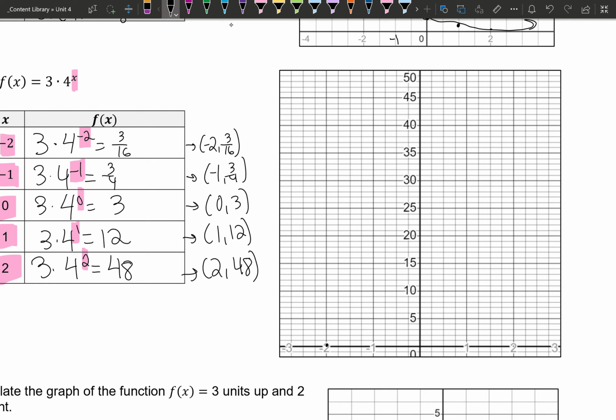Let's graph. -2, 3/16, I can barely draw it. -1, 3/4, also barely draw it. But 0, 3, I can do that one nice and solid. 1, 12. I love me some whole numbers. And 2, whoops, that's 49. 48. That's not 2.